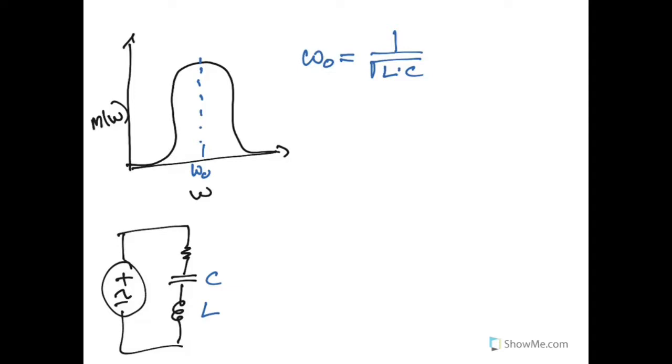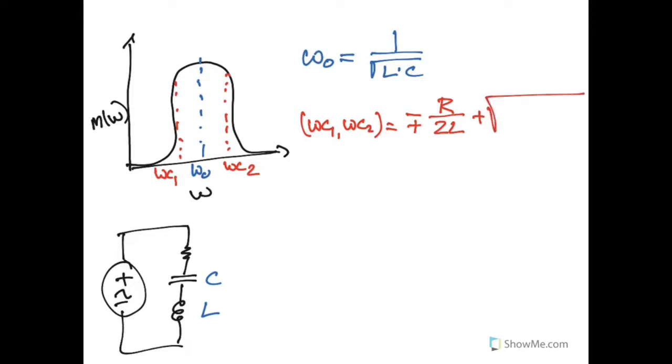In addition to having a center frequency, we again have corner frequencies that dictate the width of our bandwidth and begin to tell us where our circuit begins to operate. These values are functions of the entire circuit, and so the expression for the corner frequencies is a little bit longer, but it relates the resistance and the inductance along with other components in the circuit.